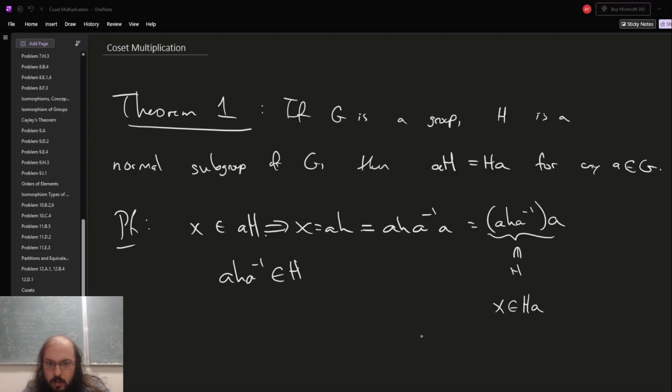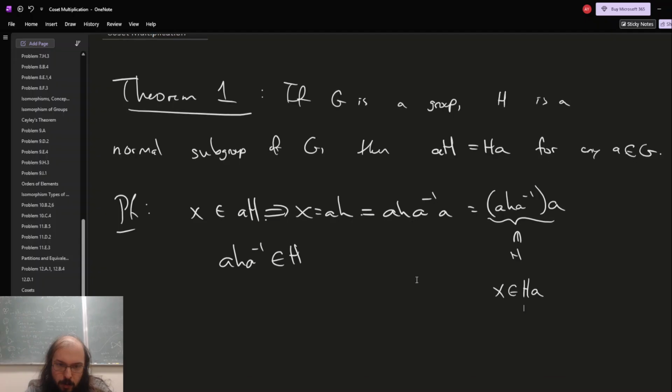And so what you see here is that I could run this argument in either direction, either by inserting the a⁻¹a on the right, or I guess it should go the other way if I wanted to do the trick the other way around, and a⁻¹ on the left, and prove the reverse implication.